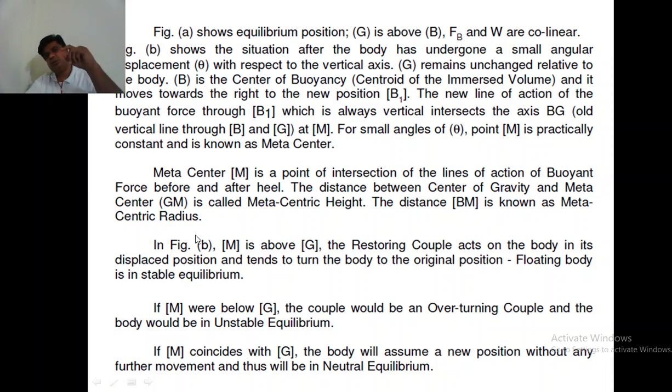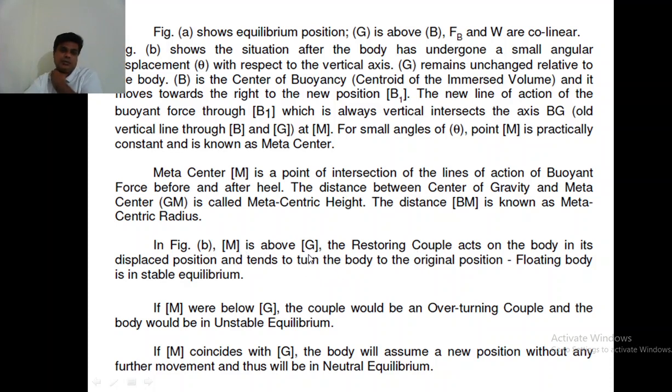So the distance between M and the center of buoyancy, where it is pivoting or oscillating, is nothing but the radius. It's the oscillating radius, or we call it the metacentric radius.